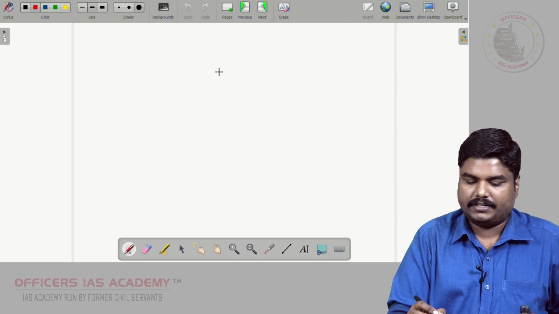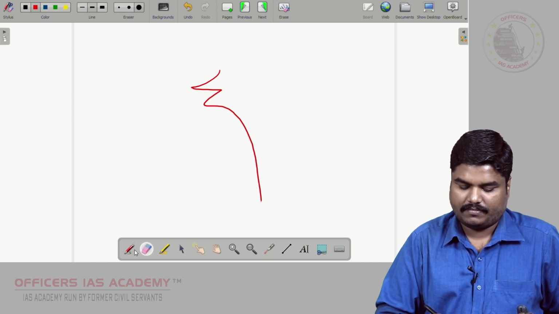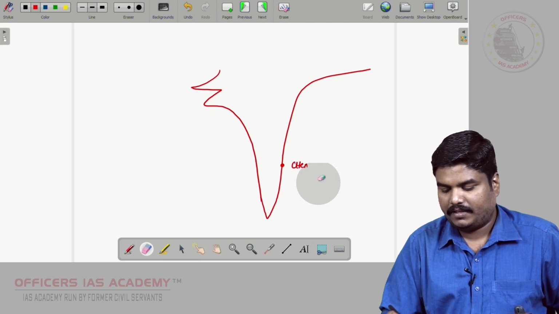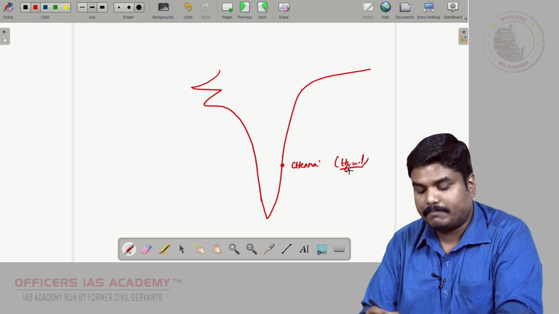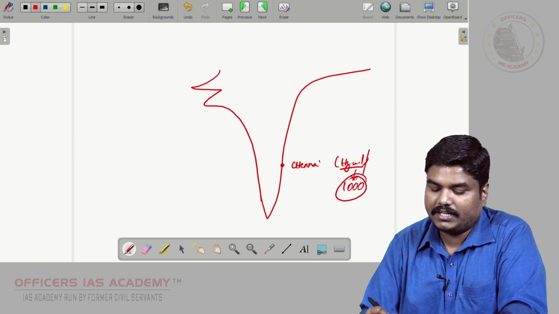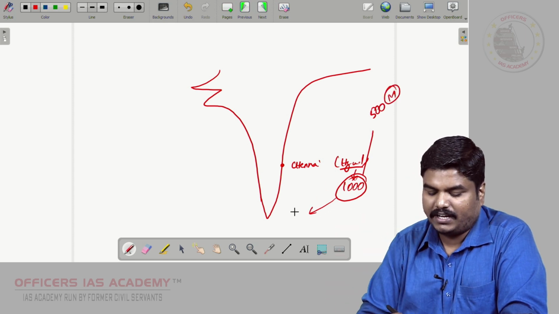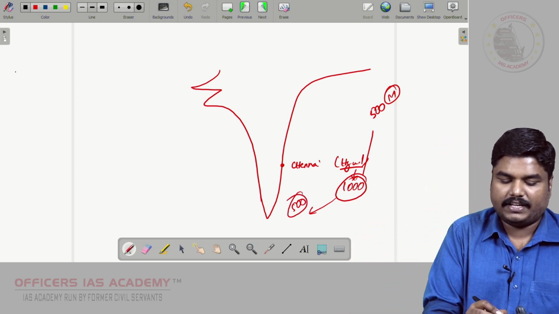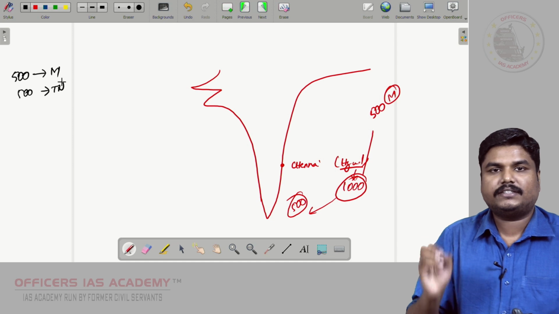Let me draw here. Now in Chennai, we have a Hyundai car company. They are manufacturing 1000 cars. In this 1000 cars, 500 cars they are selling it to Maharashtra, and 500 cars they are selling it to Tamil Nadu itself.